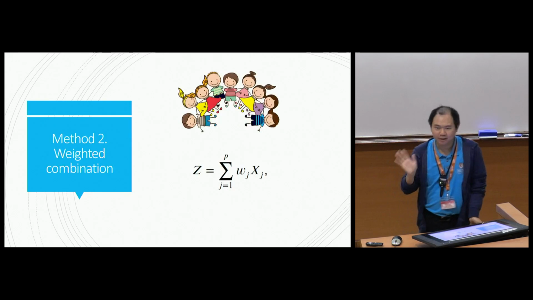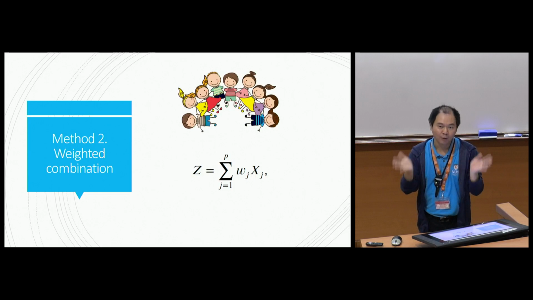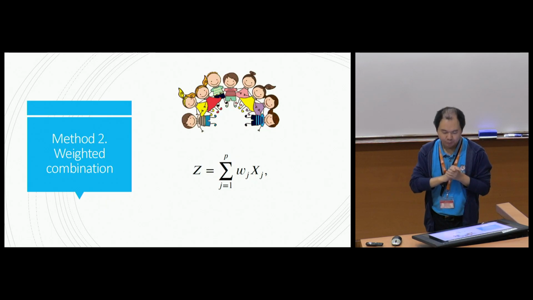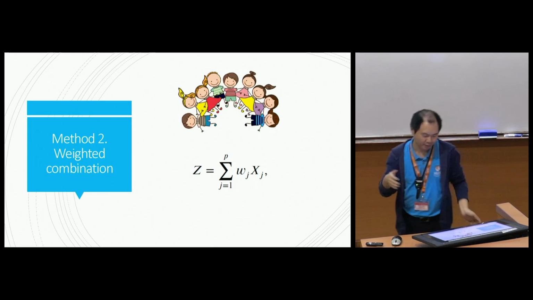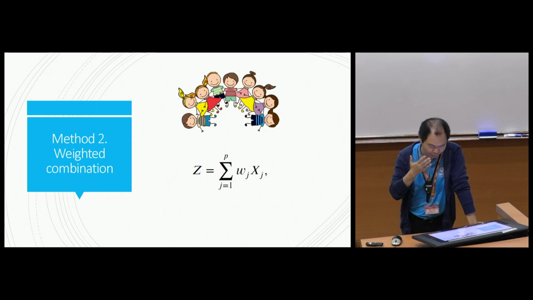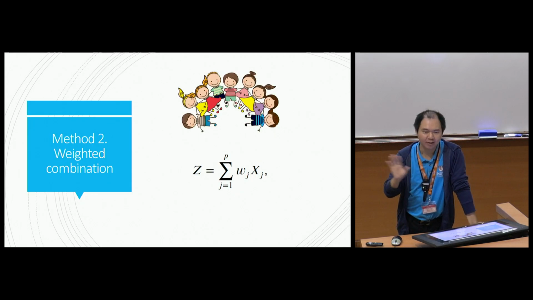So the second method we introduce here is to consider a weighted average of all the covariates. This way you can combine all the x variables together, and you can have information from all the variables. In the second method, if you don't have any prior information, you can treat all the x variables equally well.